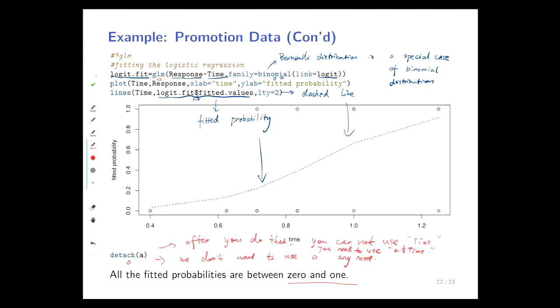So basically, it's the opposite of attach A, if you still remember. That's some details in the R code, but the more important thing here is that you can actually use R to obtain the fitted probability.